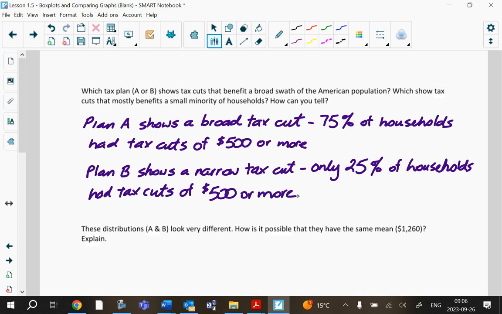And yet, if we found the mean or the average, remember that's different from median, it's exactly the same. The average tax cut was 1,260 bucks. Okay, how can that be? Think of the relationship between the mean and median.